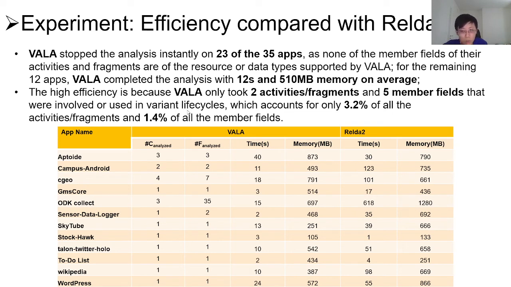For the remaining 12 apps, Vala completed the analysis within around 12 seconds and 500 megabytes on average. Compared with Vala, Radar 2 used 7 times longer time, and the high efficiency of Vala relies on that Vala analyzed only a few components and a few fields that can trigger resource utilization bugs in variant life cycles.